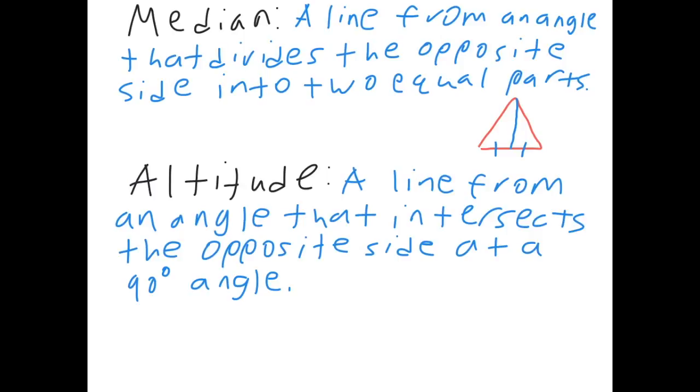An altitude is a line from an angle that intersects the opposite side at a 90-degree angle. So if I have a triangle here and I drop an altitude, then that means this altitude intersects the bottom side at a 90-degree angle, so it's a right angle.